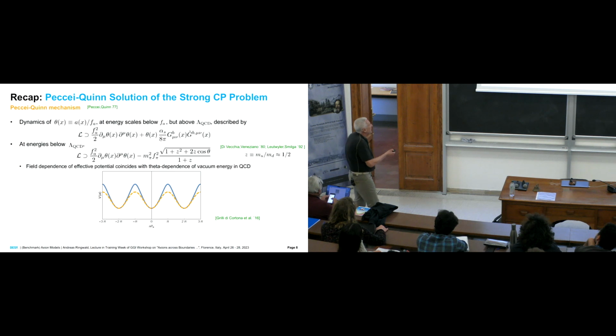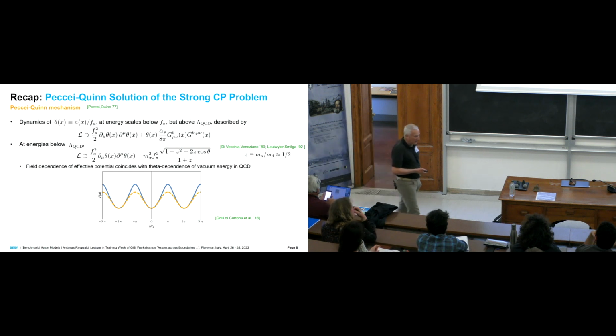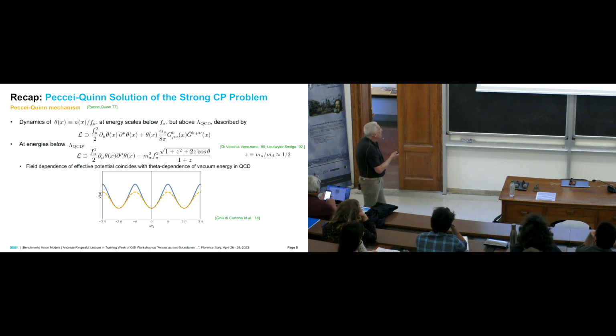If you integrate out the gluons, or you go to low energies where there are only low-energy hadronic degrees of freedom, using chiral perturbation theory, you find that this term effectively produces a self-interaction potential for the axion, which is of this form.